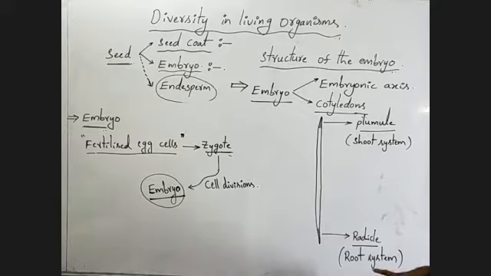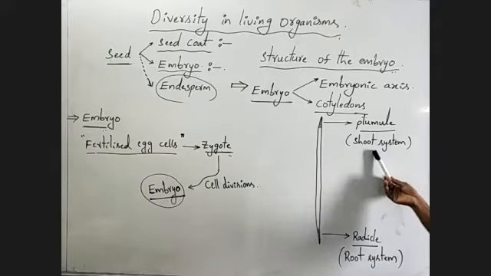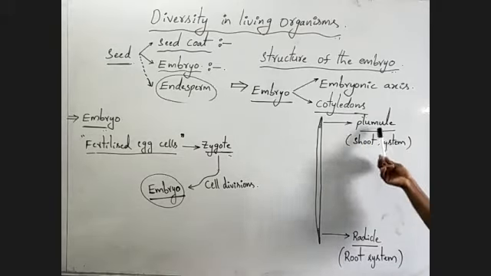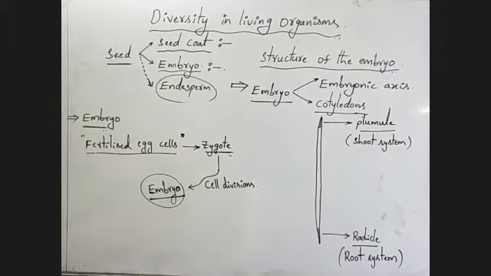The entire root system is developed from the lower end of the embryonic axis, that is radicle. The shoot system is developed from the upper end of the embryonic axis, that is plumule. Are you understanding? Observe carefully.